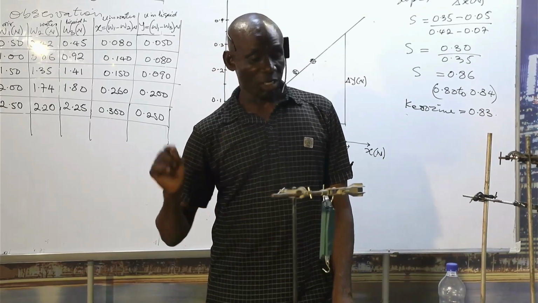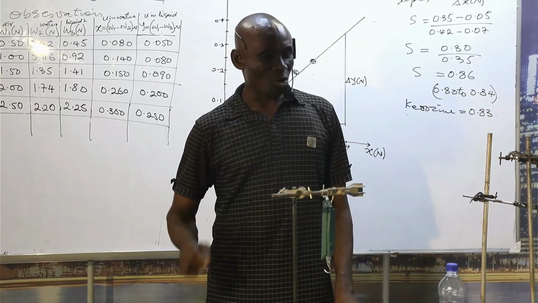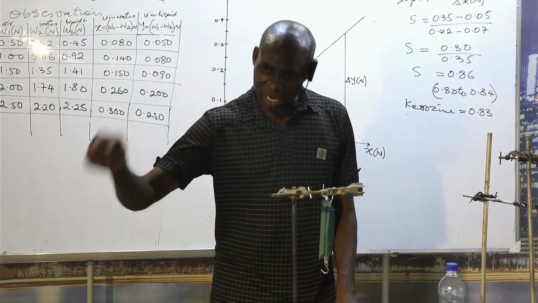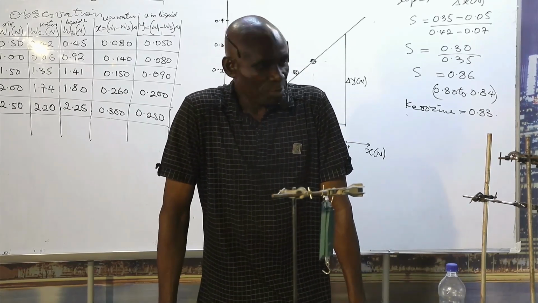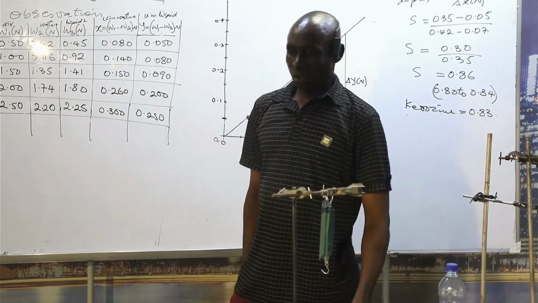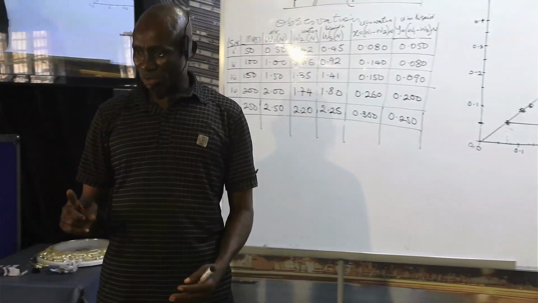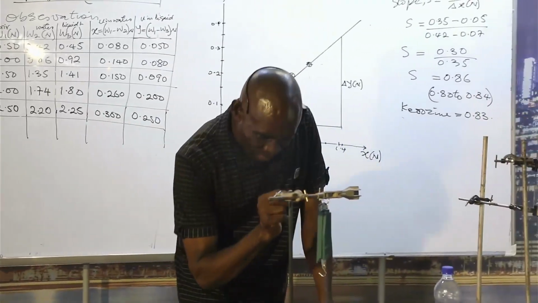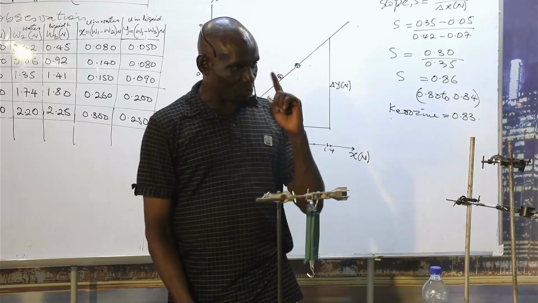I corrected the zero error of the spring balance before the experiment. That is the first precaution. Are you with me now? Remember the statement: I corrected the zero error of the spring balance before the experiment. That's one.